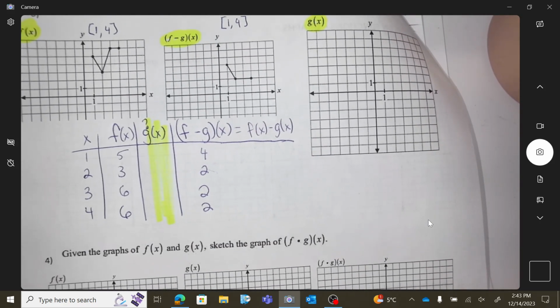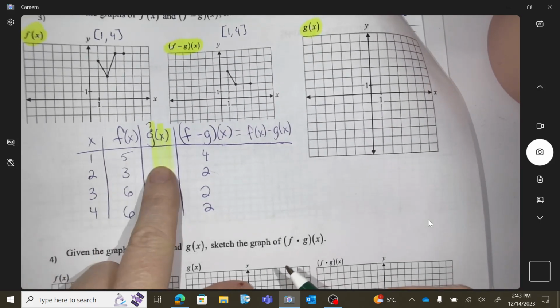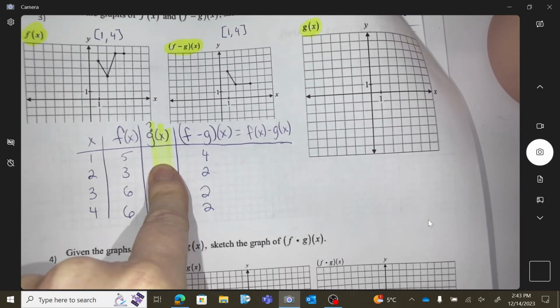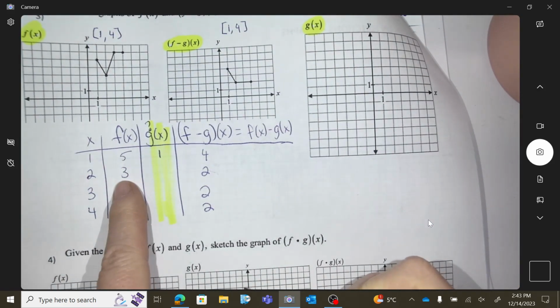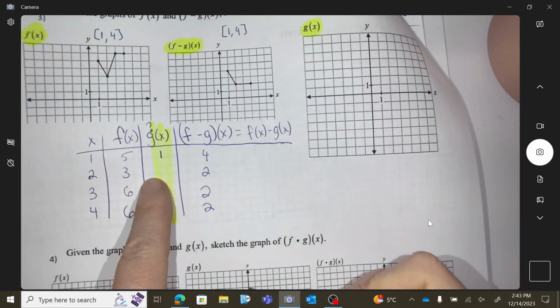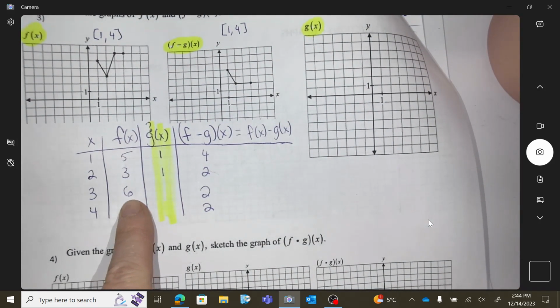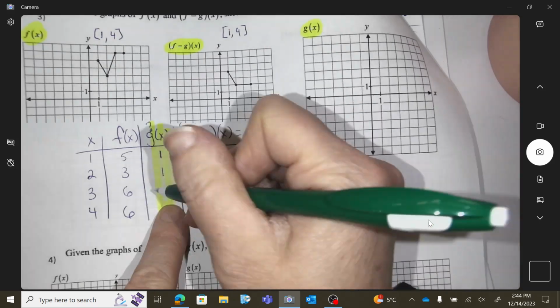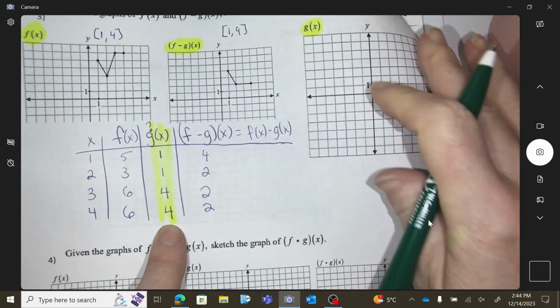So we're just going to work backwards. Okay, so here I go. 5 subtract what? Gets you to 4. 1. 3 subtract 1. 6 subtract 4. 6 subtract 4.